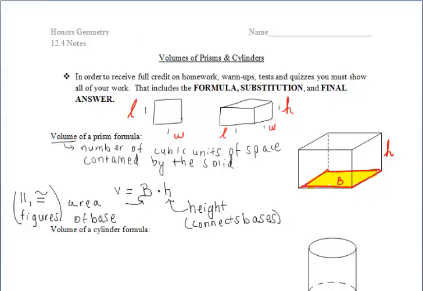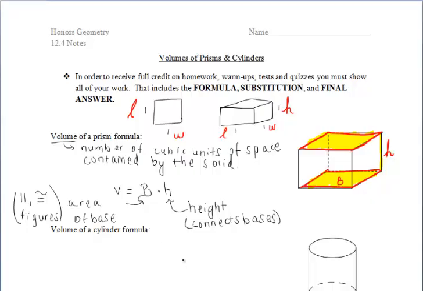For example, if I were to use this base at the bottom for the rectangular prism, because we weren't given a shaded base to begin with, so we were able to choose our base, since all sides of the prism are rectangles, then the other base would be right here, this yellow base, because those are two parallel congruent figures. And then the height of the prism would be this yellow segment here, which connects the two bases.